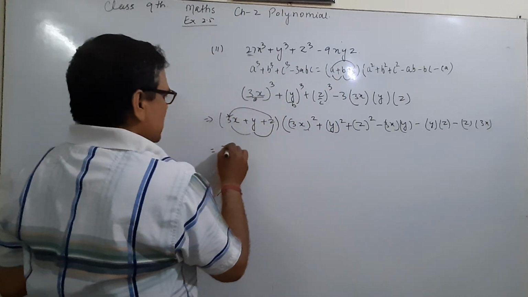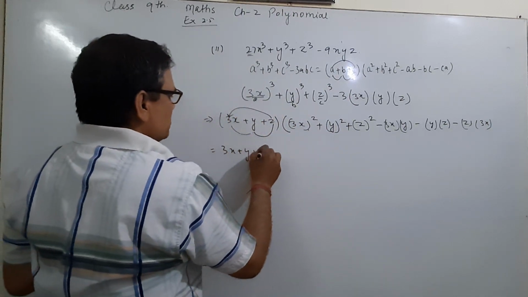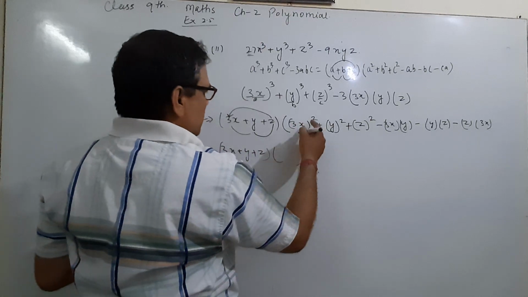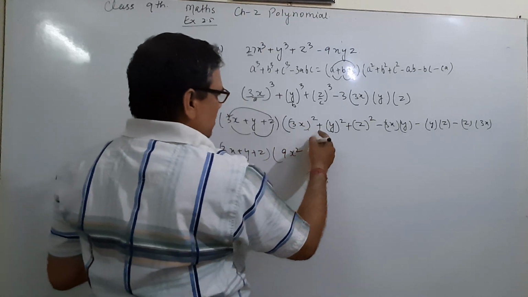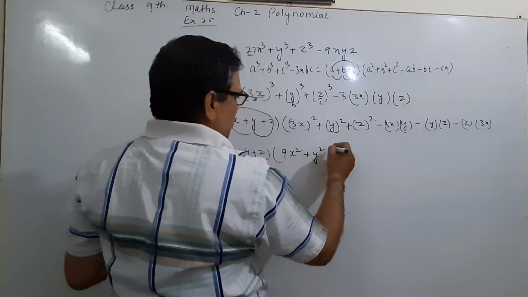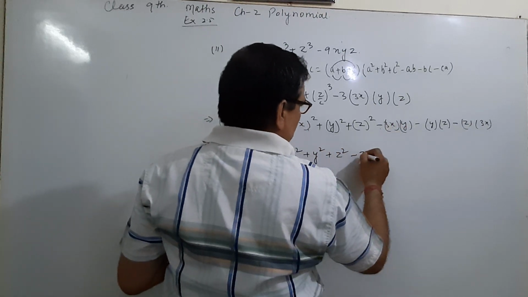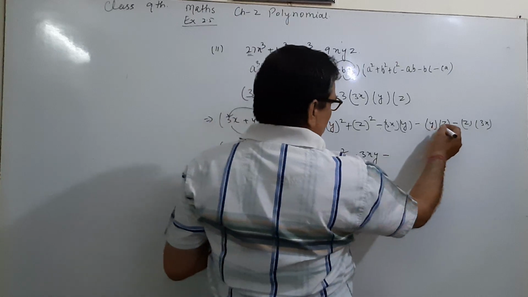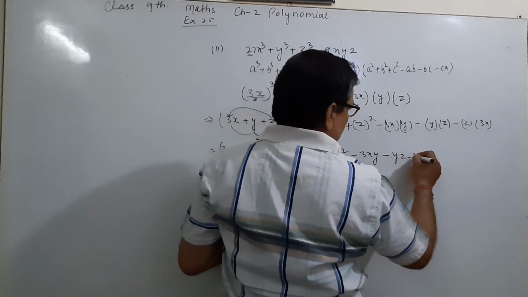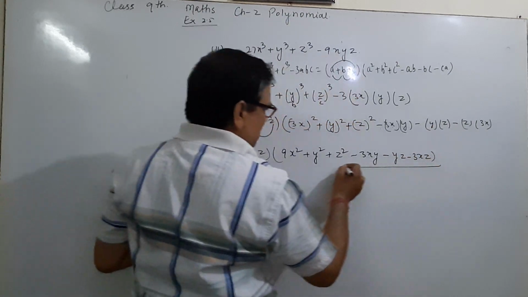What is your answer? (3x plus y plus z)(9x square plus y square plus z square minus 3xy minus yz minus 3xz). It is your answer.